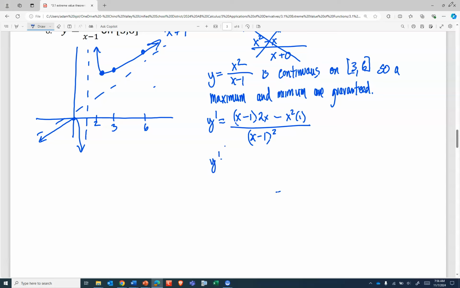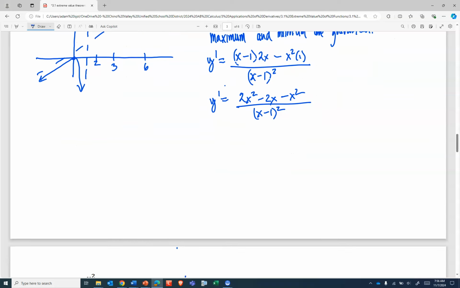Let's simplify just a little bit. So that's going to be 2x squared minus 2x minus x squared, still over x minus 1 squared. Even though we're ignoring that denominator, we still need to write it. I should be writing smaller.